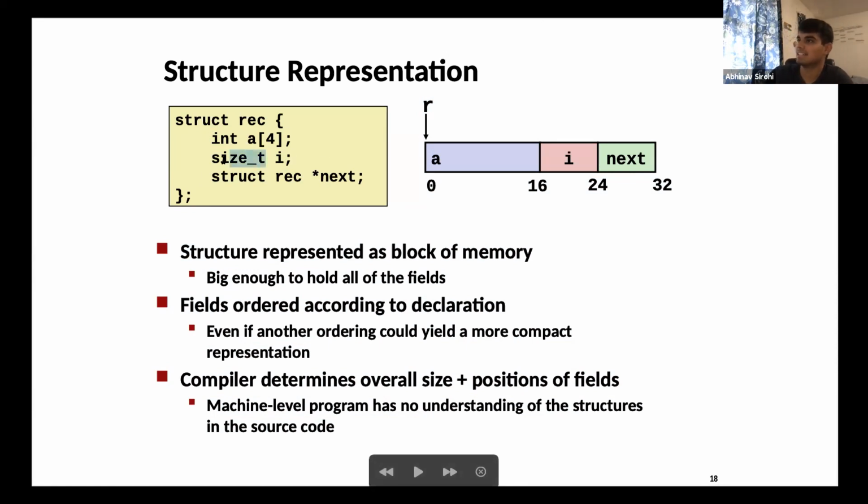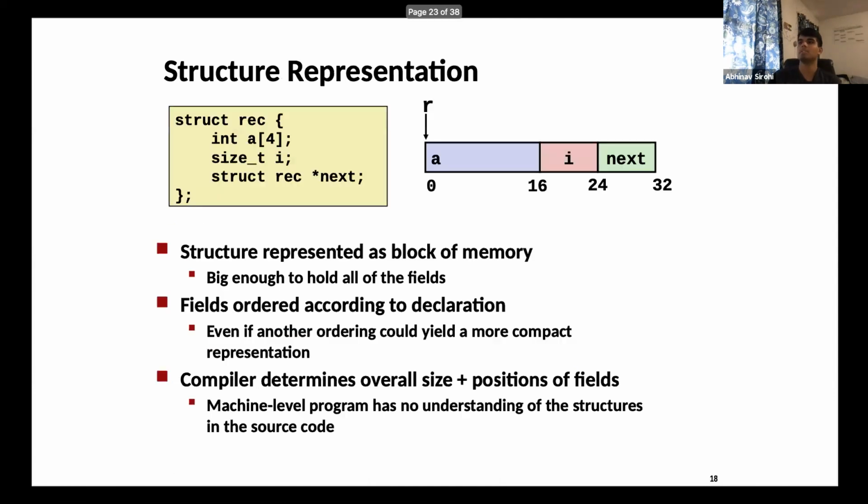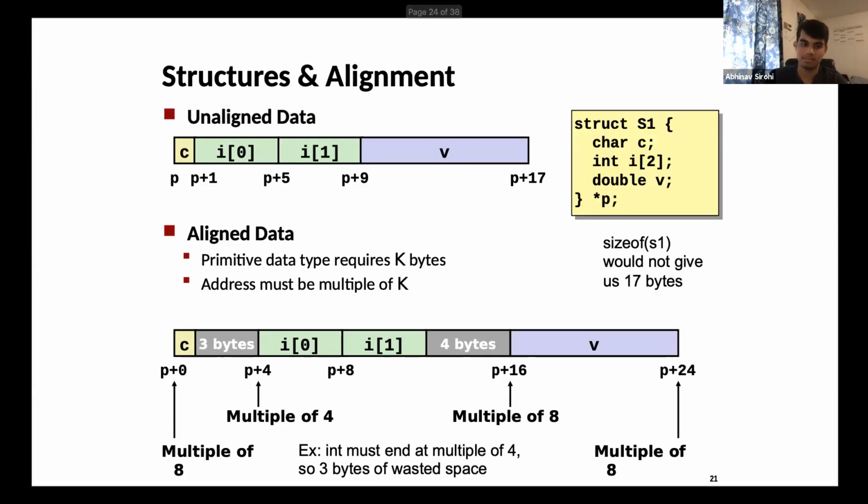And then let's say size t is 8, and so that's where it will be stored. And the next struct will be stored from 24 to 32, or the pointer to the next struct, because the pointer to the next struct will only be 8 bytes. We're not actually storing the entire struct here, so that'll be 8 more bytes. So when we store a struct, we need to make sure that we have enough space in memory to store it contiguously.